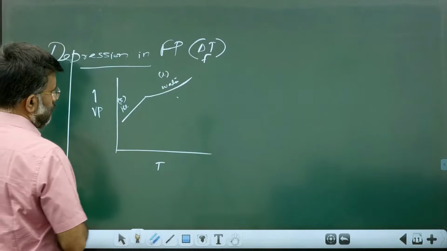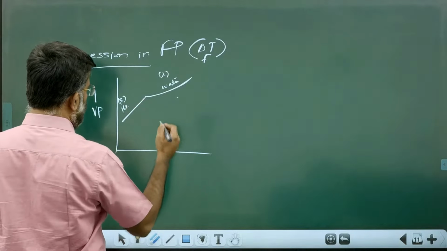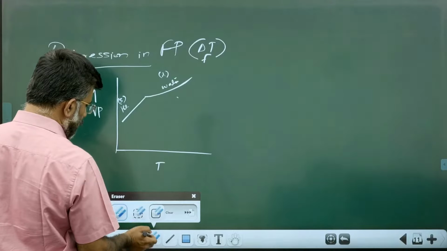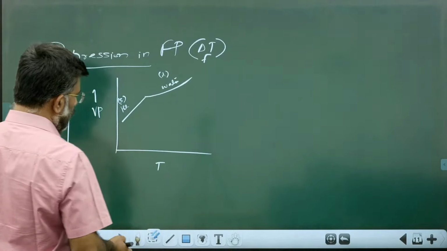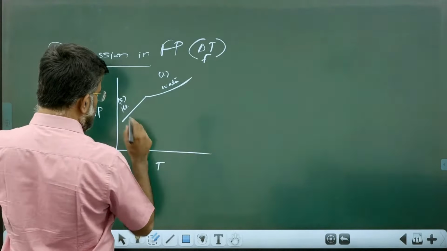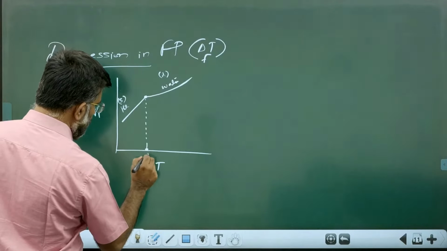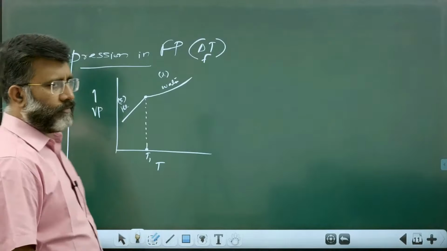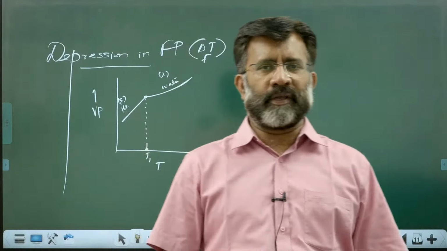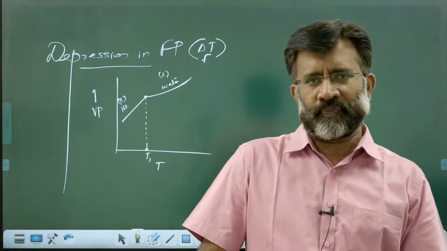Solvent in the respective phases, liquid and solid. This is the point which is called the freezing point, T1. For water, it is 0 degrees Celsius. All of you know.